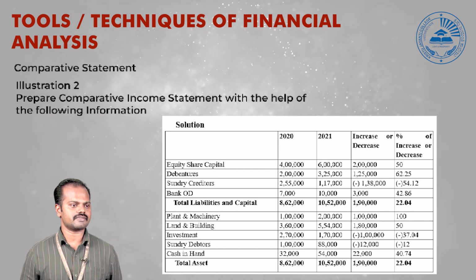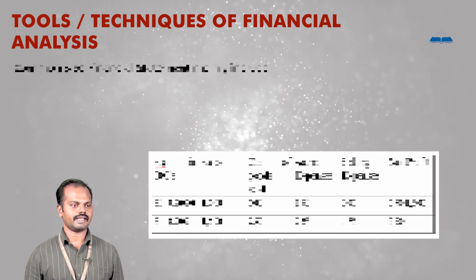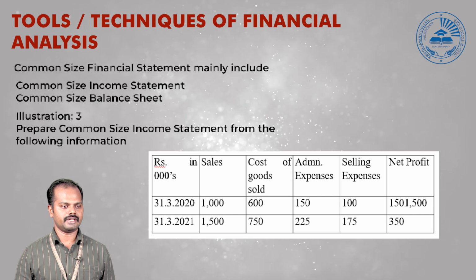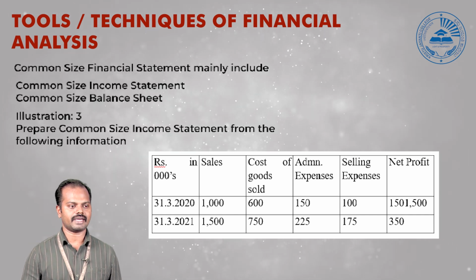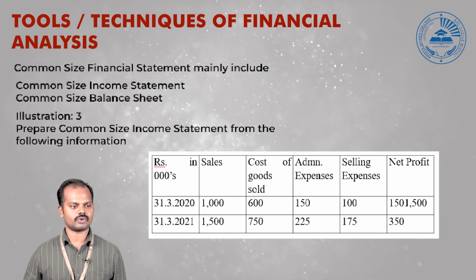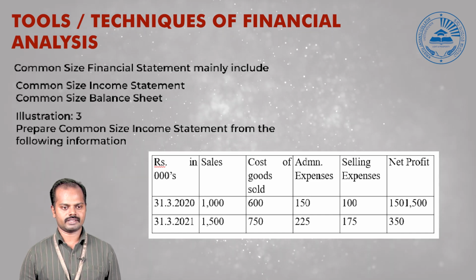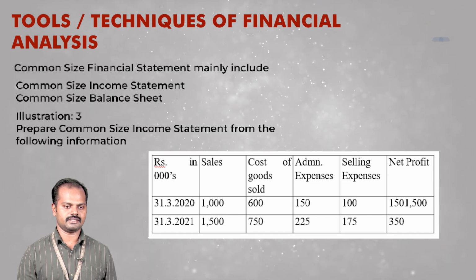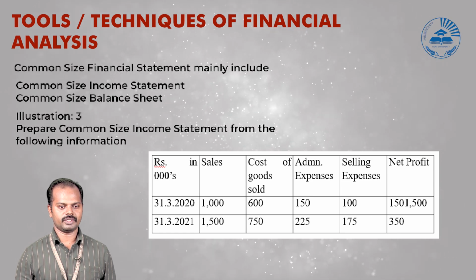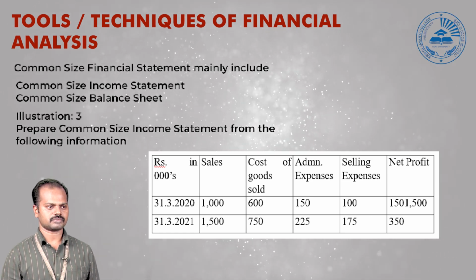So we are not utilizing the creditors' amounts. The same thing here, sundry debtors also is a minus figure. So that means there are no credit transactions, and investment also is decreased. The company is not going to invest much amount.